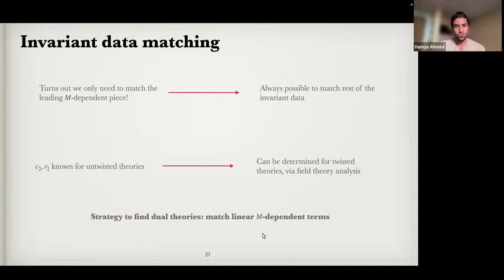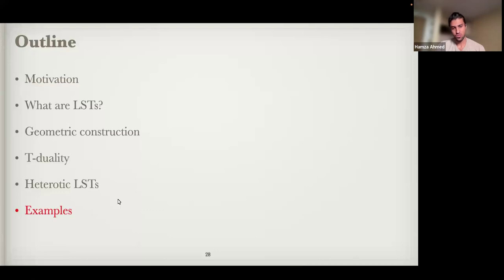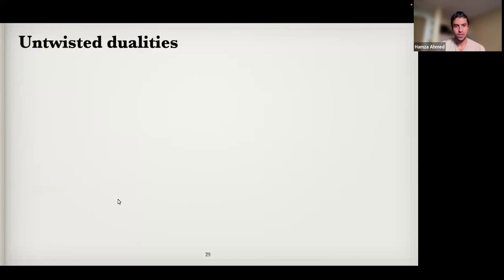And yeah, so now with this setup, let me give you some examples of how this is realized. The first canonical example is the famous E8 SO32 T-duality.